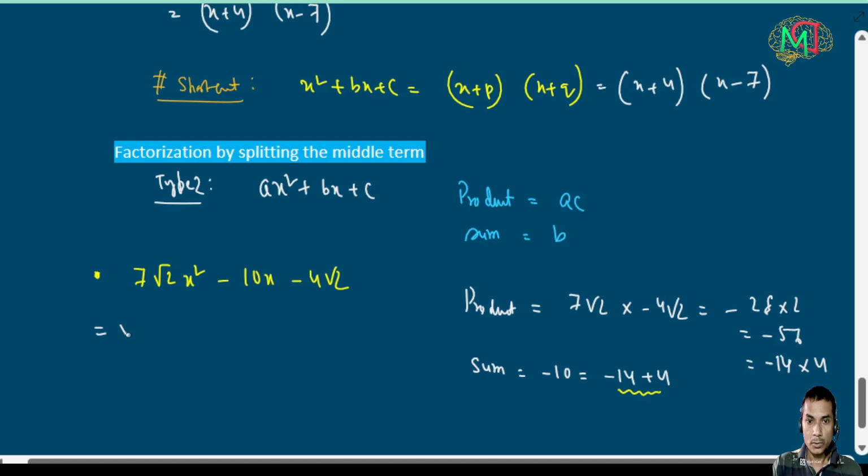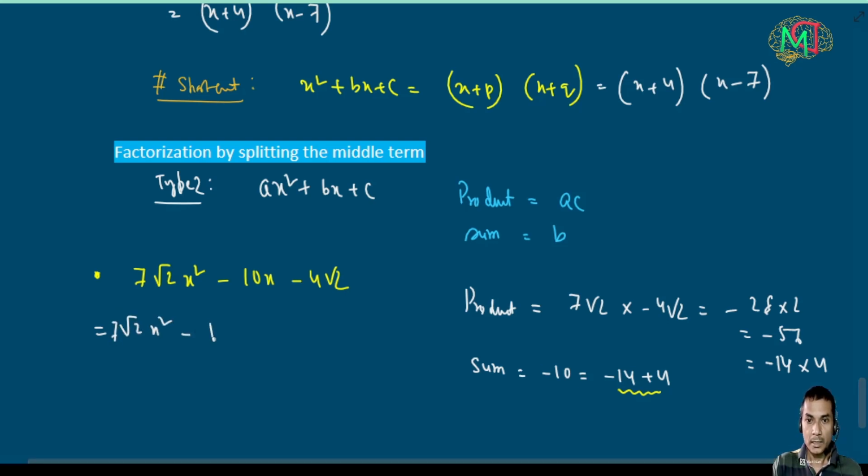7 root 2 x square minus 14x plus 4x minus 4 root 2. If we take common 7 root 2 x, what value do we get?